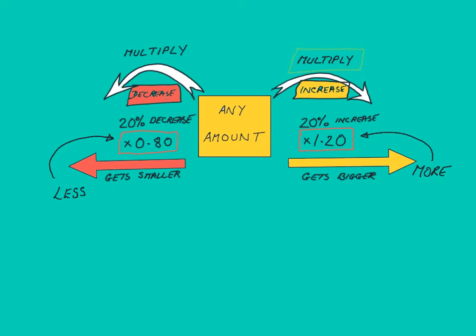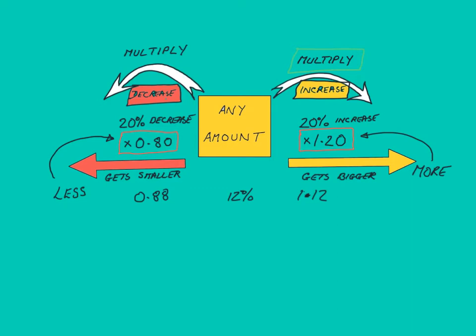And this would apply for all the numbers we've looked at. If we want to do, for example, let's take the same number, 12%, then an increase would be 1.12, and a decrease would be 0.88.